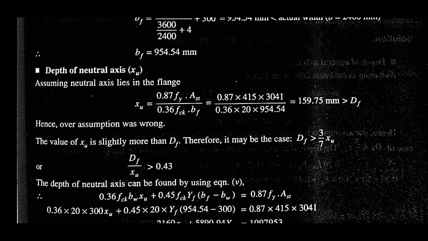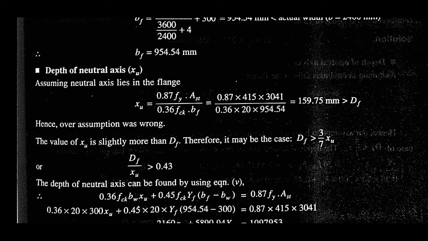Now, the depth of neutral axis can be found by equation 5, which was written in the previous lecture on analysis, that is 0.36 FCK BW into XU plus 0.45 FCK into YF within bracket BF minus BW is equal to 0.87 FY AST.